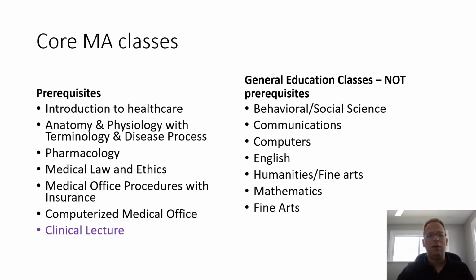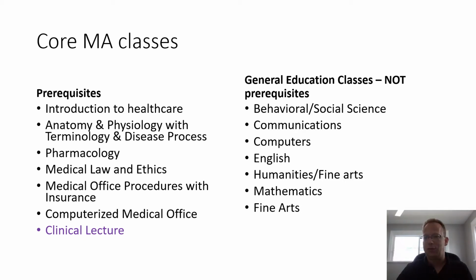So we have prerequisites to doing the clinical rotations, but we also have the general education classes. The prerequisites are the introduction to healthcare, anatomy and physiology with terminology and disease process, pharmacology, medical law and ethics.